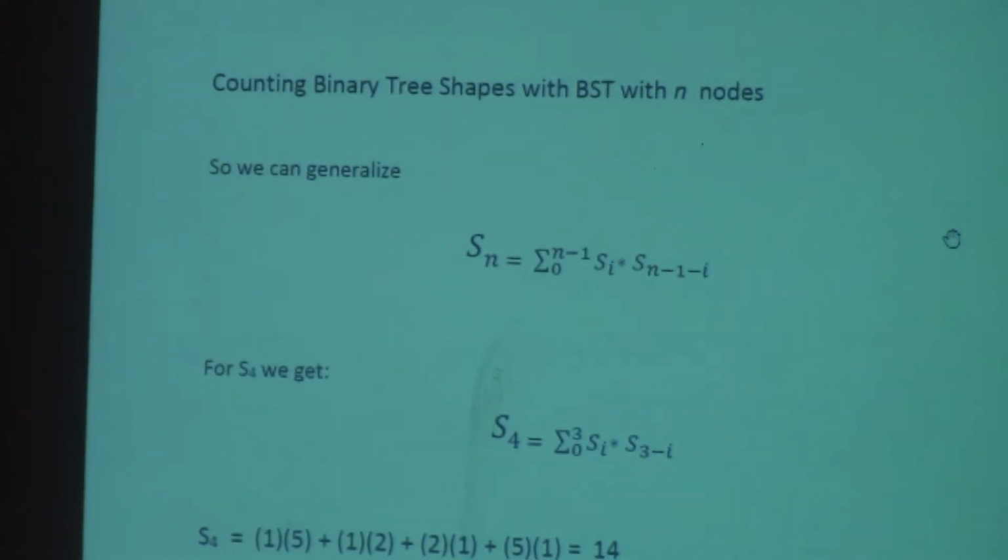That's exactly what we did with those trees. That's the formula. So for S4, we're going to summate from 0 to 3, just like for n we go 0 to n minus 1. So for 4 we go 0 to 3, Si times S of 4 minus 1, so it's going to be 3 minus i. And you can see how we have these guys in here.